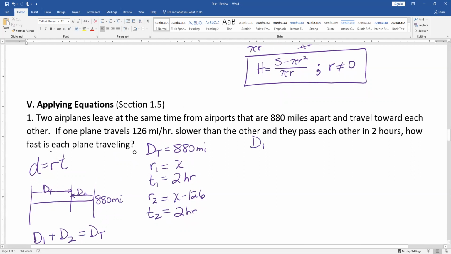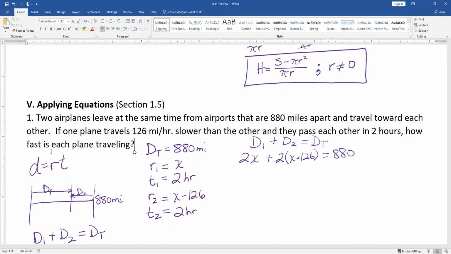Distance 1 plus the distance of the second plane equals the total distance. And now we just plug it in. So distance 1 is the rate. I'm actually going to put time first because that's my constant, 2x. And distance 2 is also the 2 hours, but it's times x minus 126. And then my total distance is 880 miles.